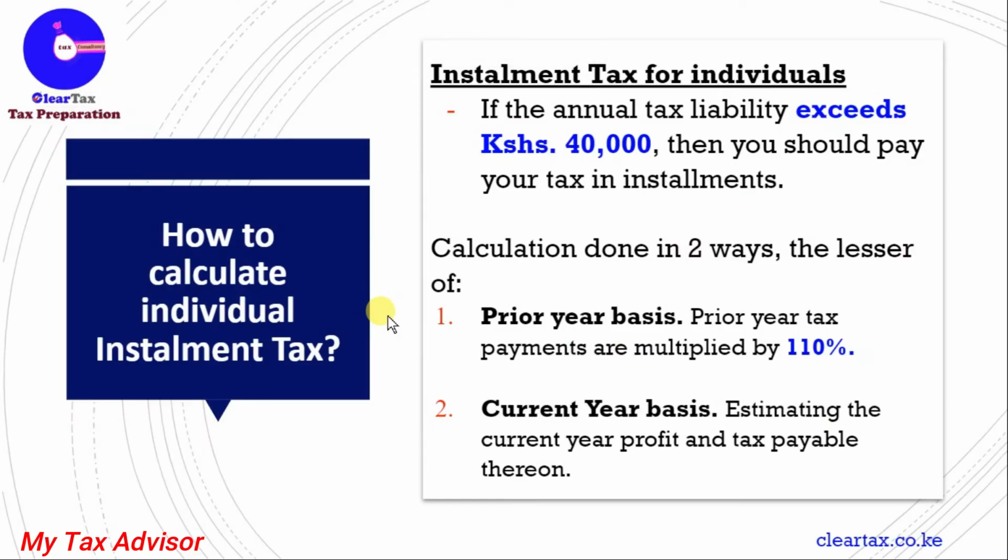So in a nutshell, the summary of that Act is that you need to take the lesser of the prior year tax multiplied by 110% and the current year projection or estimate, then see which is lesser, and take the lesser one. All right, it might be confusing, don't worry. You're going to do a case study and then you're going to see how everything falls into place.